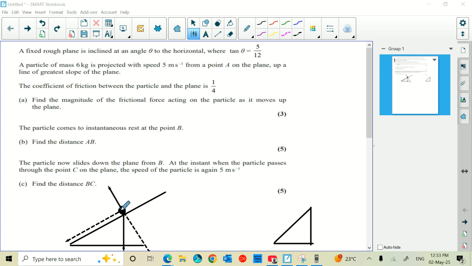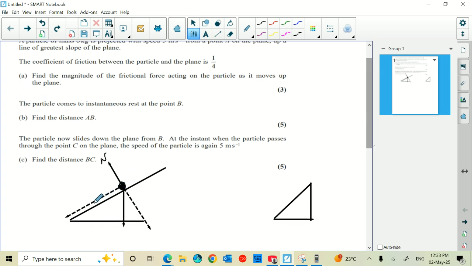So here's our particle, and here is the normal contact force, or the resultant force. Here's the normal contact that the particle makes with the plane, and this is our frictional force that they talk about, and we can call that F max. Because these are similar triangles, this angle here, theta, is equal to this angle here.